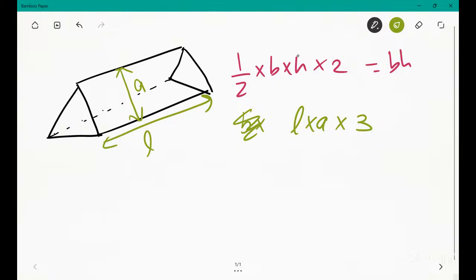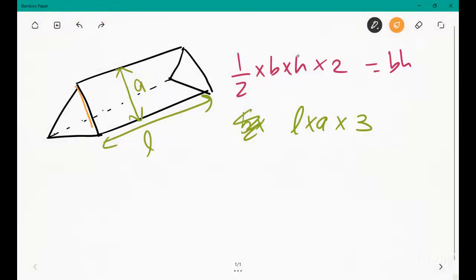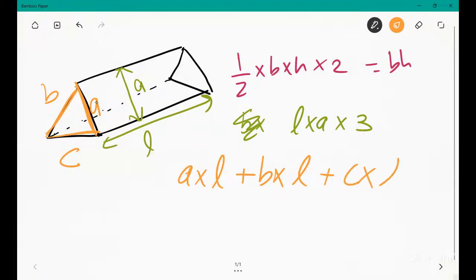So again, you have to understand the shape. For the triangles there's a fixed formula, but for the rectangles you have to check. Let's say this is A, this is B, and this is C. Then you do A into the length plus B into the length plus C into the length.